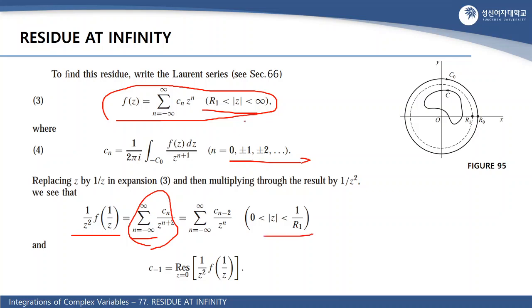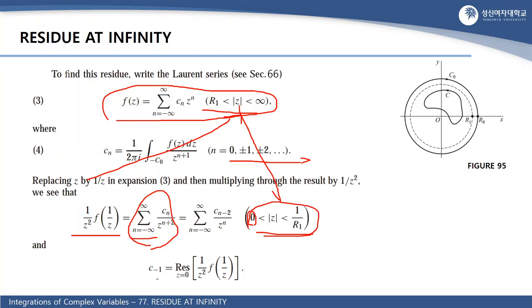We get this because we replaced z by 1 over z. When z goes to infinity, 1 over z is close to 0, and when z moves to R1, 1 over z is close to 1 over R1. So we get this region.